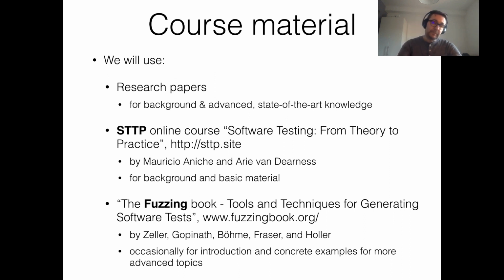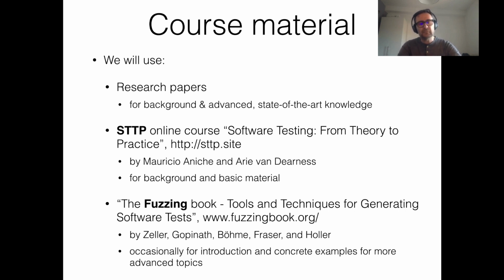I will complement this with research papers to give more advanced state-of-the-art knowledge, of course, and also we will take some parts, not so many, from the fuzzing book, which is a more advanced book on using fuzzing, which was originally a technique for security testing, but in some sense, this book is about general automated testing and how you generate good test data and good test cases.